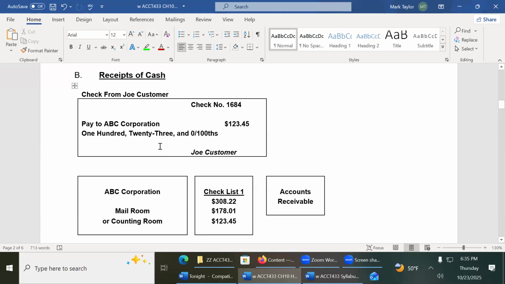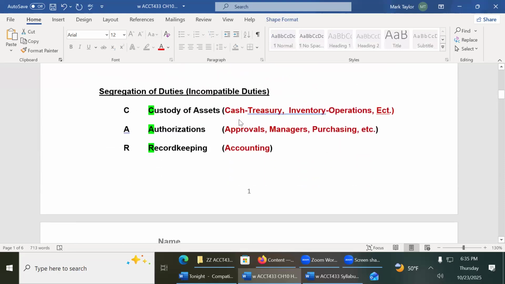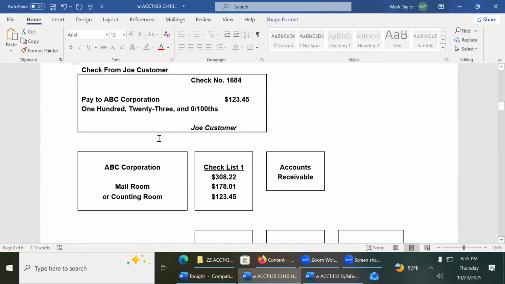Okay, so I need to grab a little arrow in here. So this is kind of the flow of things. We get a check.